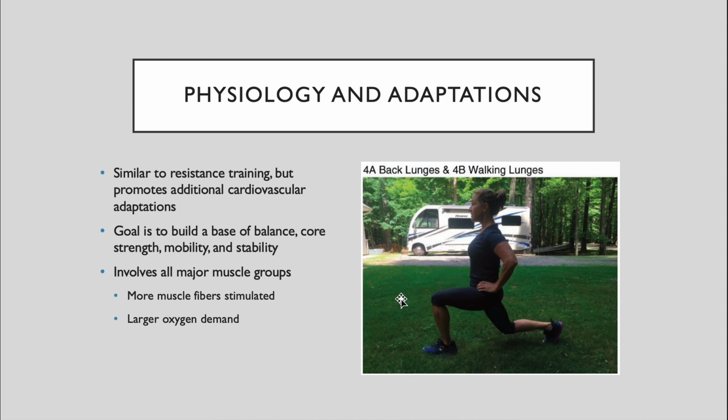So a body weight training program should ideally incorporate all of the major muscle groups. As you can see, again, you are incorporating several major muscle groups, your quadriceps, your glutes, all in this one movement. So involving more muscles increases the total number of muscle fibers that are stimulated during the movement.